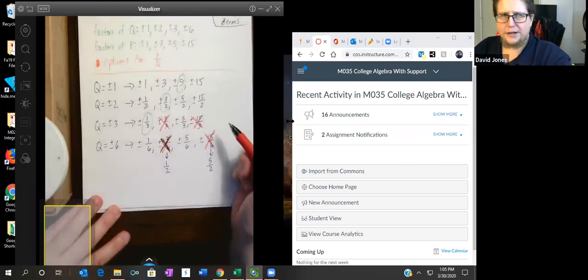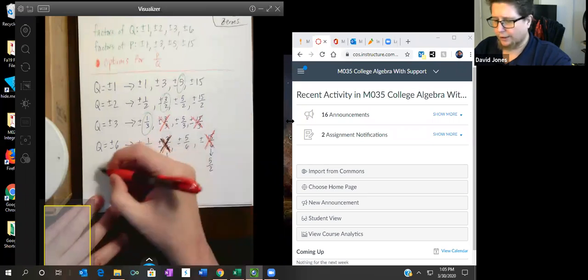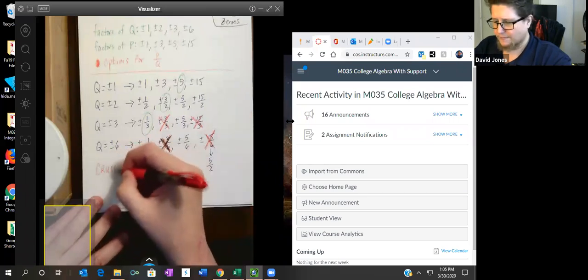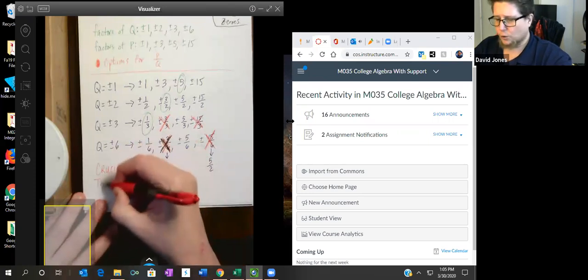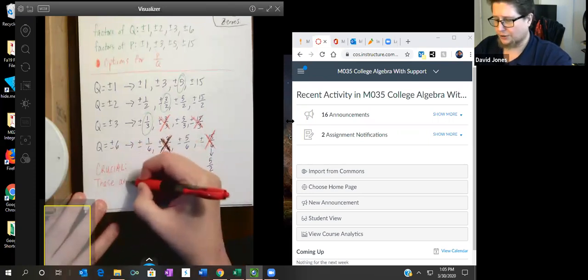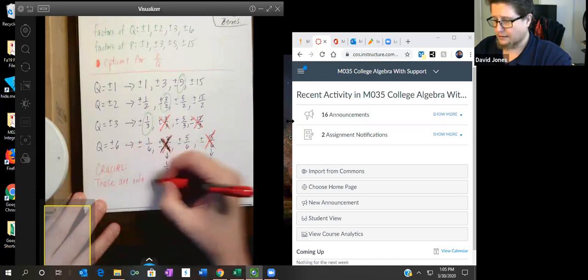It's important to note, this is vitally important, crucial information. These are only possible rational roots.